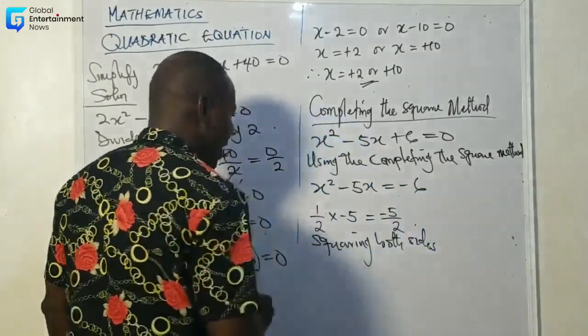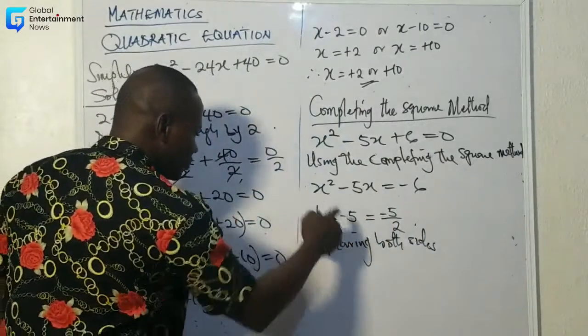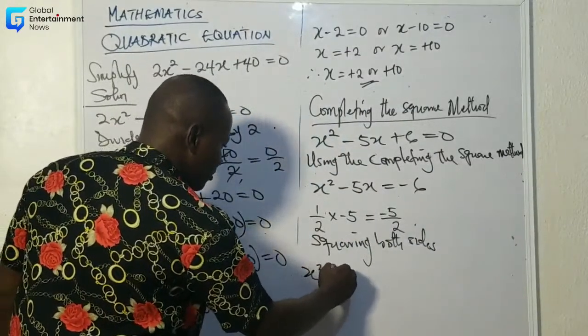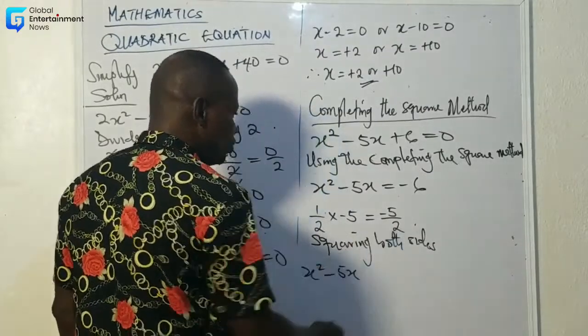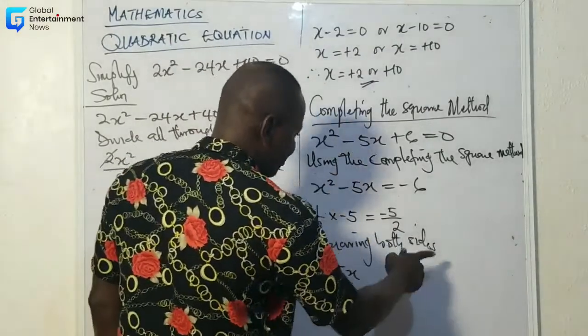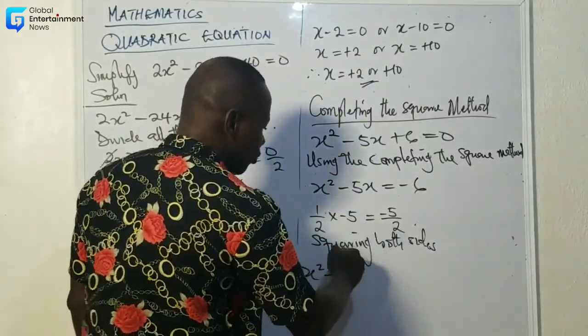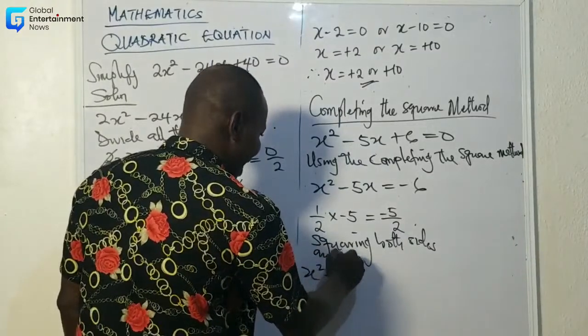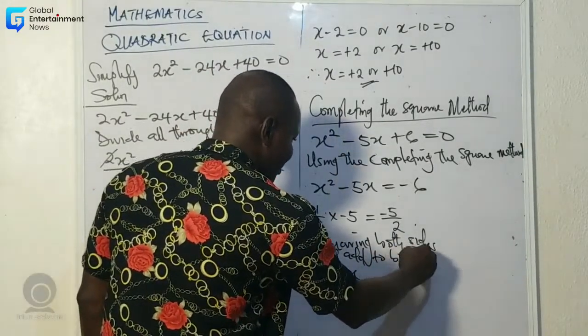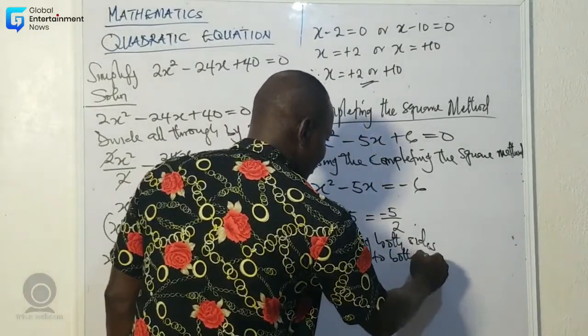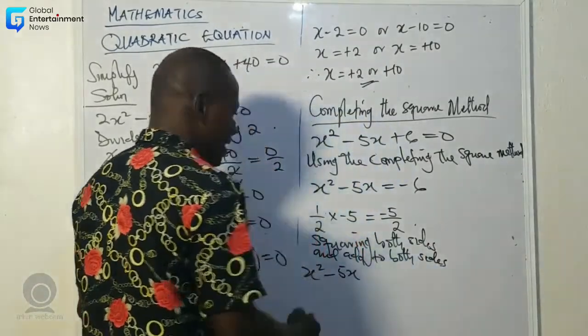If you square both sides, this one is going to give us x squared minus 5x. We square and we add to both sides.